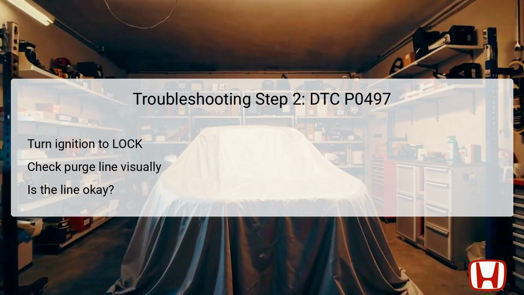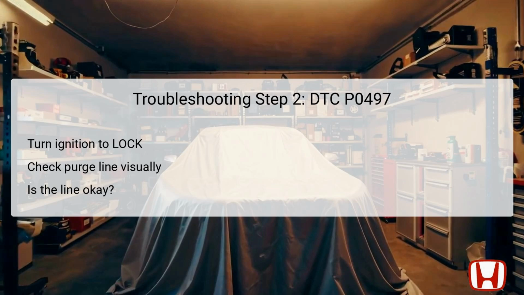For the second troubleshooting step, turn the ignition switch to lock 0 to ensure all systems are off while conducting checks. The next action requires a visual inspection of the EVAP canister purge line. This line runs between the throttle body and the EVAP canister and must be assessed for poor connections, any potential blockages, or visible damage.